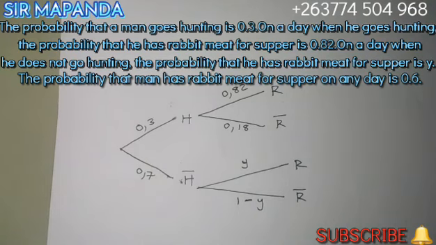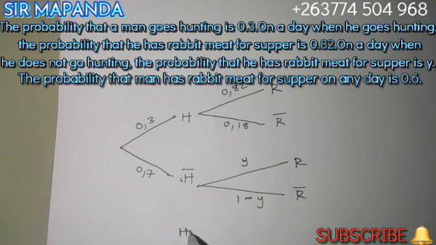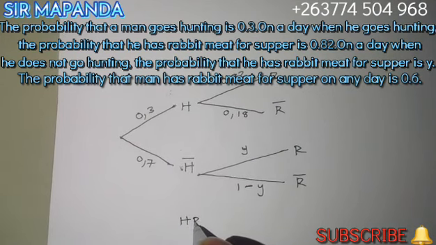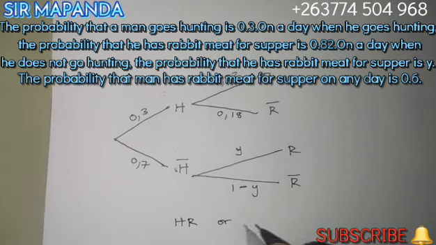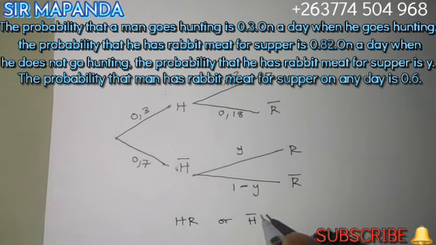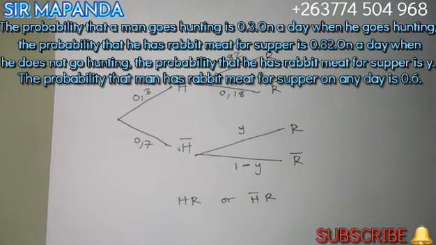The probability that the man has rabbit meat for supper on any day, whether he goes hunting or not go for hunting, is 0.6. So it simply means that when he goes for hunting, he will have a rabbit supper, or when he does not go for hunting, he will still have a rabbit supper.